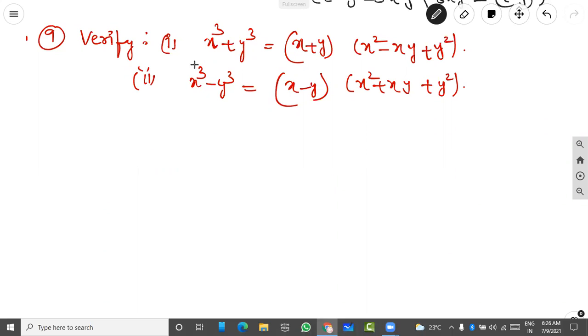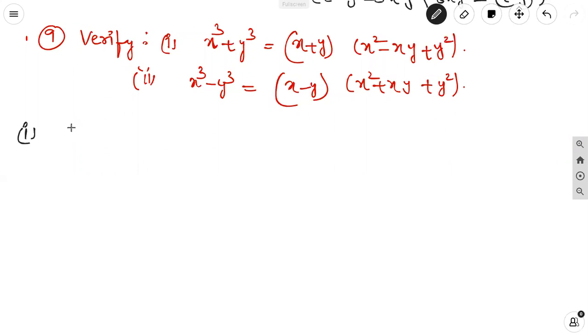Ninth problem. Verify x cube plus y cube equal to x plus y into x square minus xy plus y square. Second one, x cube minus y cube equal to x minus y into x square plus xy plus y square. For these two, the left side we cannot split; the right side, we apply the distribution law and expand it, simplify it, and see if we get the left hand side terms or not. That is the verification.